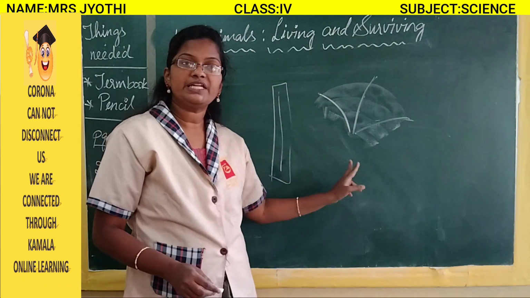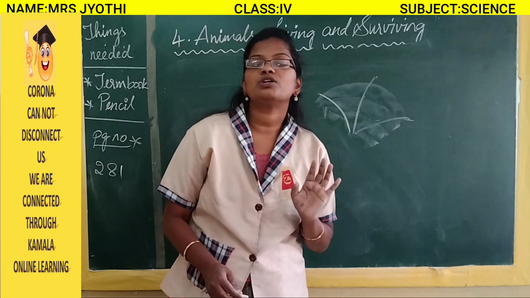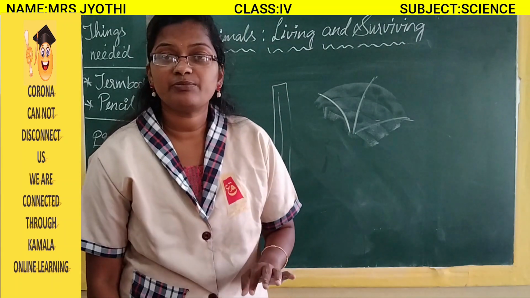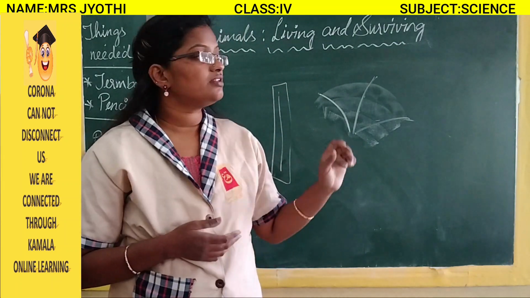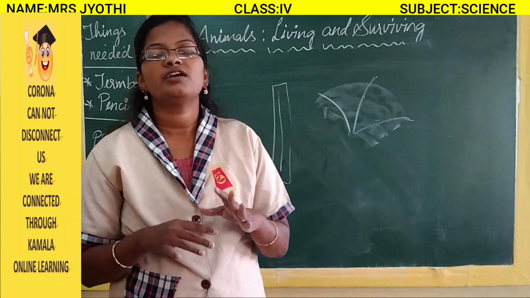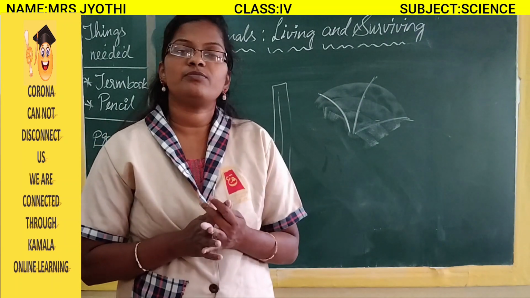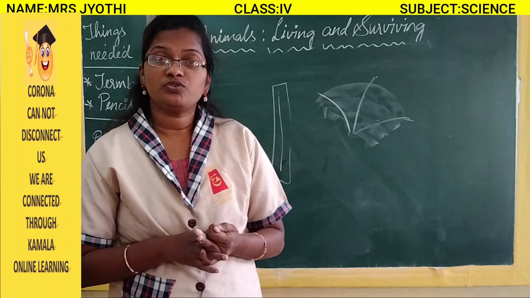This part is completely covered with the skin. So with the help of this, the bat is able to fly. It doesn't have any feathers, it has only skin, and with the help of that skin, it's going to fly from one place to the other place. So that's all for today.